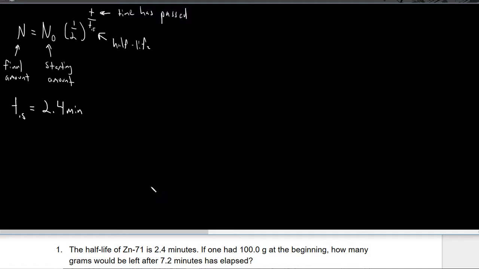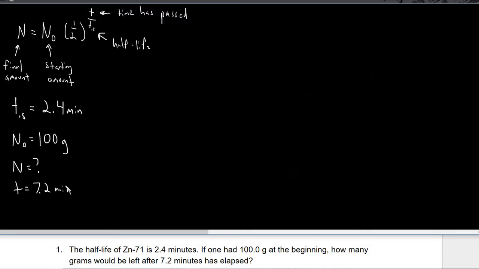So if one had 100 grams at the beginning, so it's implied it's 100 grams of the zinc 71, so I know my starting amount is 100 grams, or 100.0 grams. They want to know how many grams would be left, so we're looking for the final N, after 7.2 minutes had elapsed. Okay, so they're telling us that 7.2 minutes is how long we're going to wait for, okay?